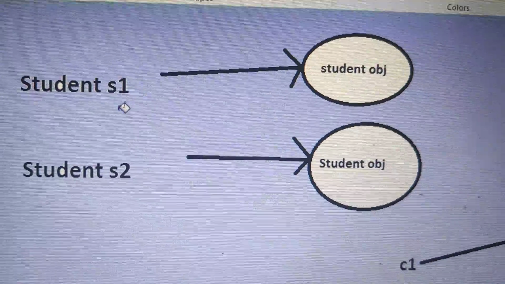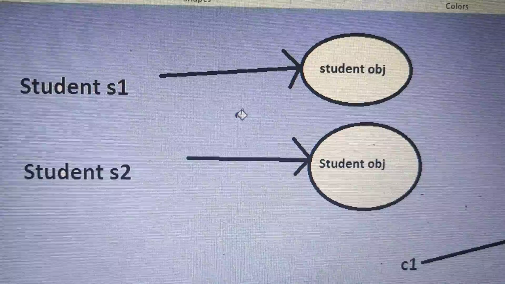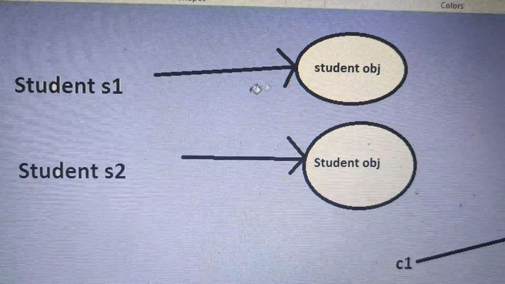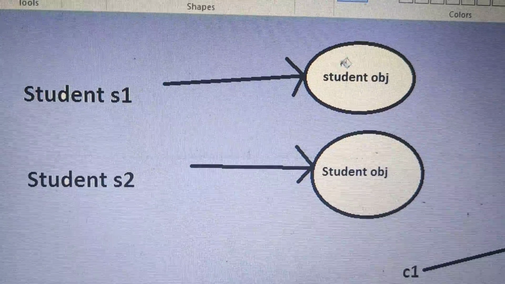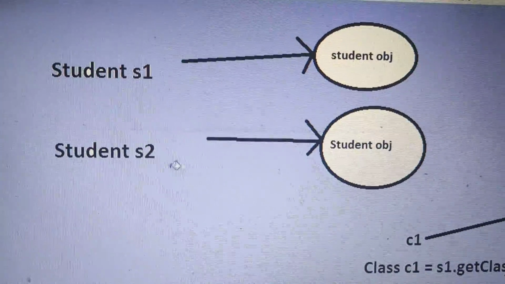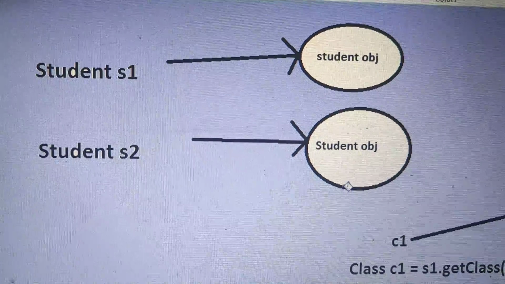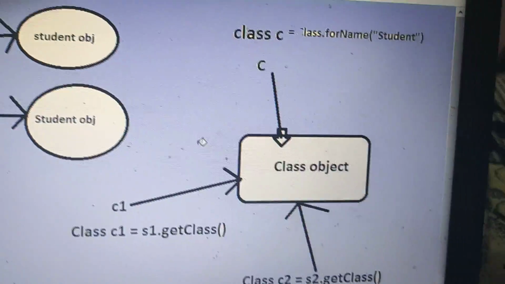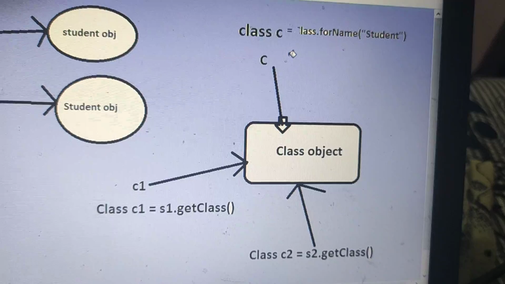We have created Student s1 = new Student, so by that line we created the new Student object, and this s1 reference variable refers to that new Student object. Again we created a Student s2 object, a new Student object is created, and s2 is referring to it.